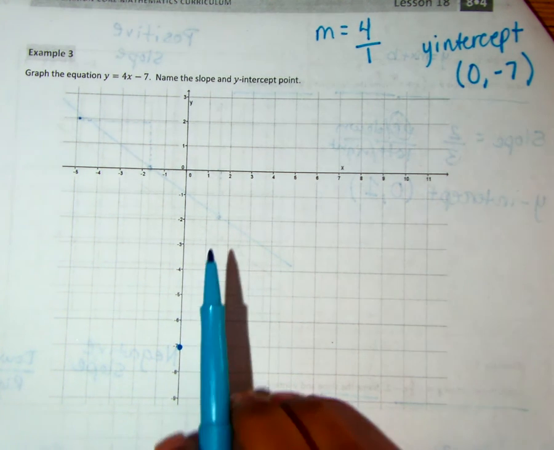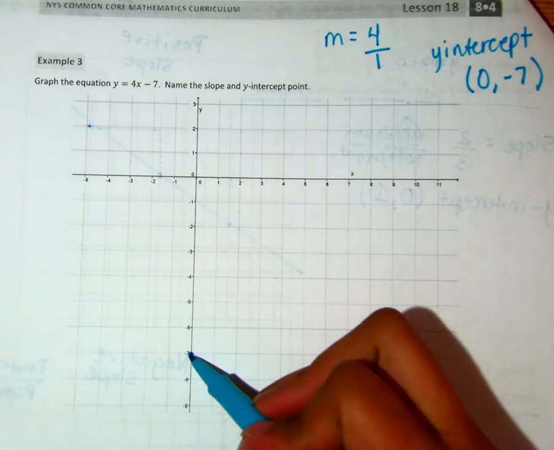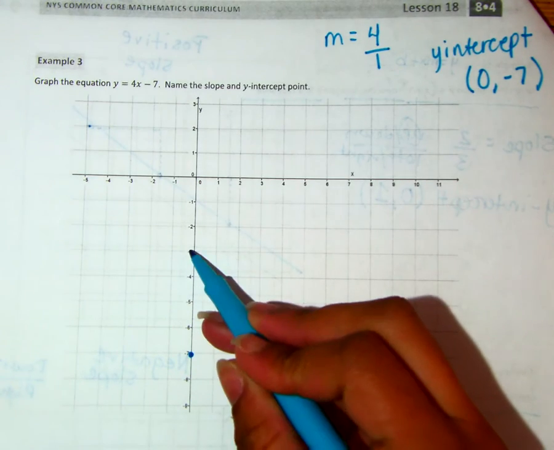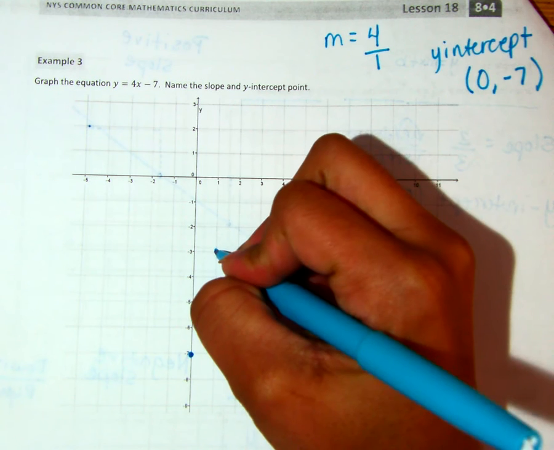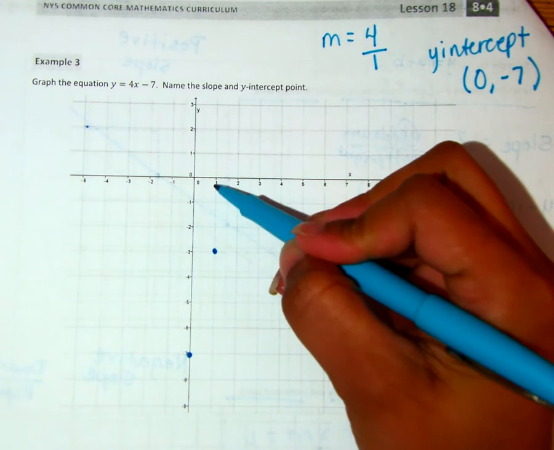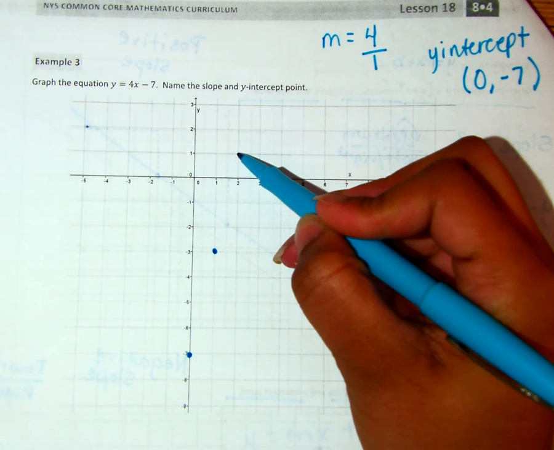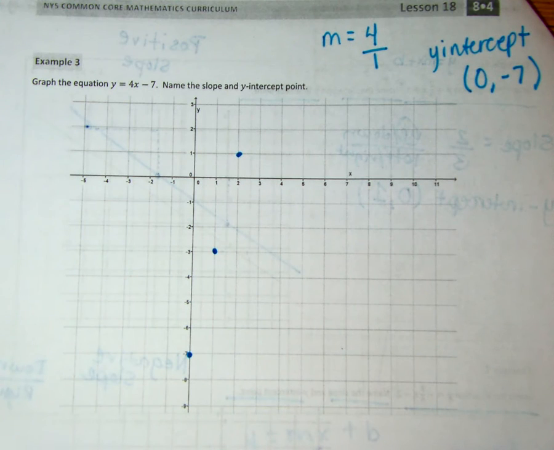So because my slope is a positive number, I know I'm moving up 1, 2, 3, 4 and to the right 1. What's the next ordered pair or point on this line? The next ordered pair on this line is going to be 1 and -3.